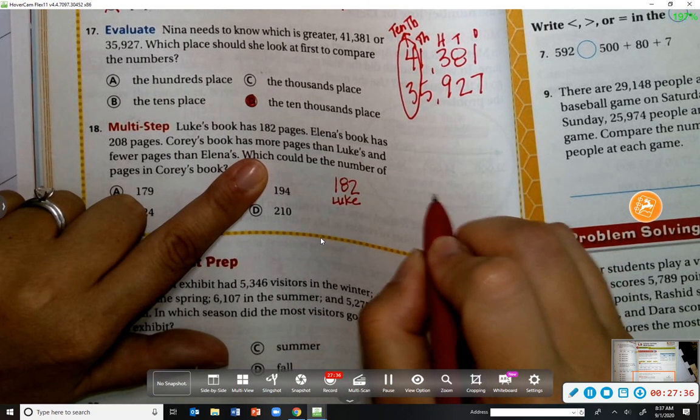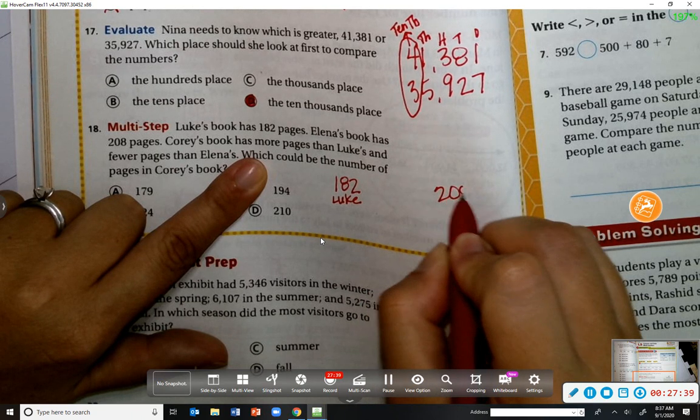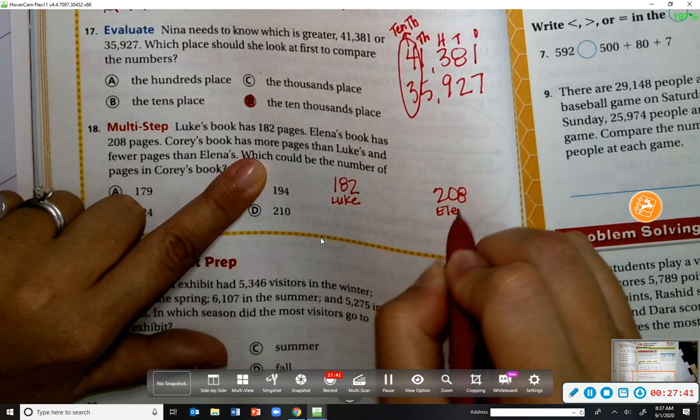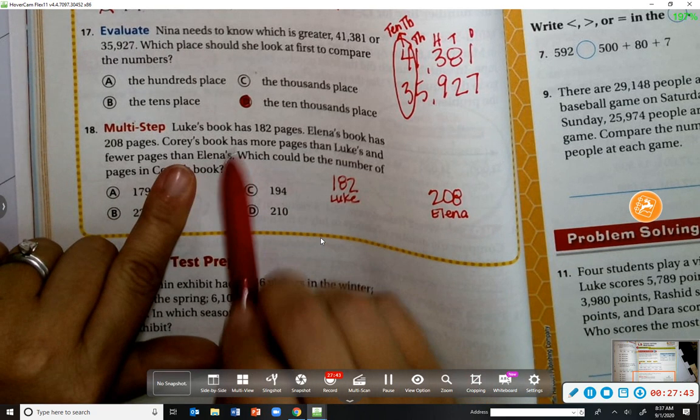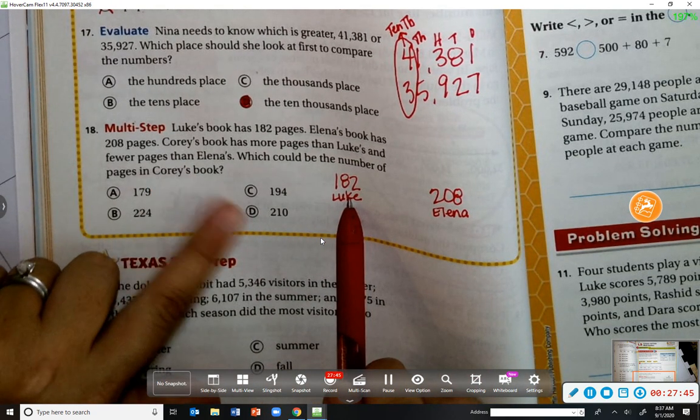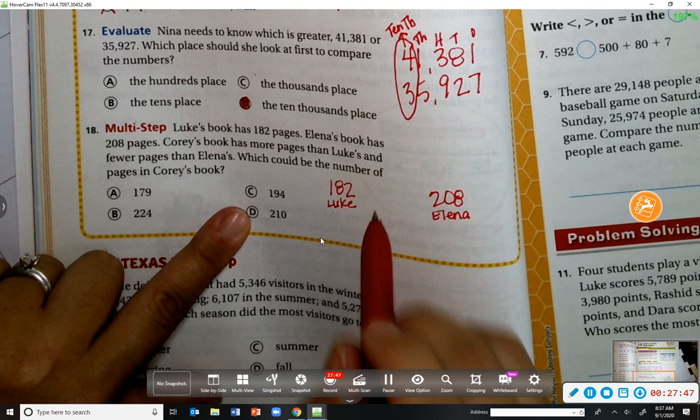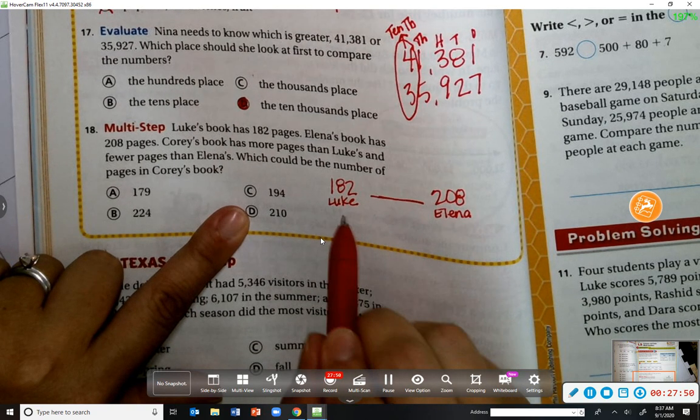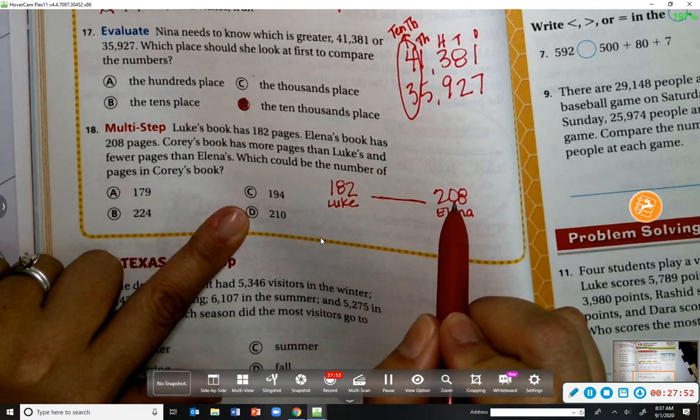Elena's book was 208. Corey's book has more than Luke's and fewer than Elena's, so it has to be right in the middle. More than Luke, but less than Elena.